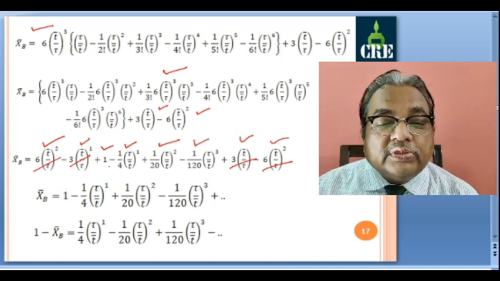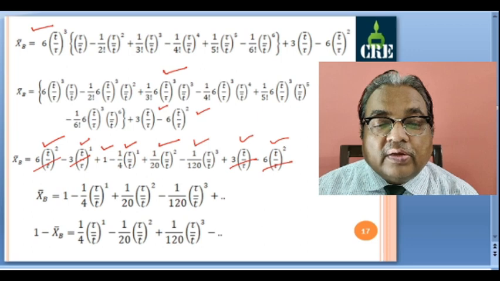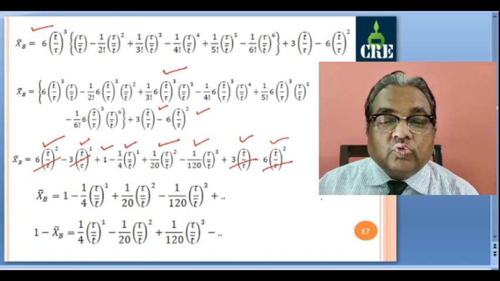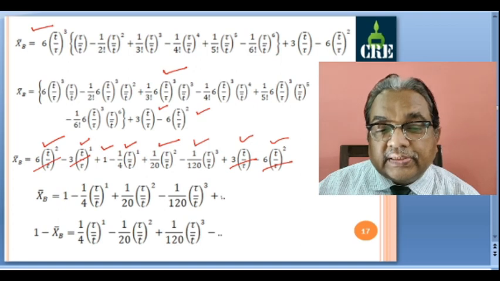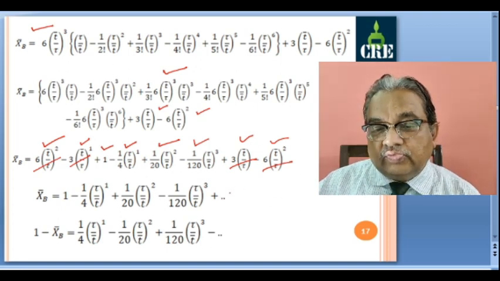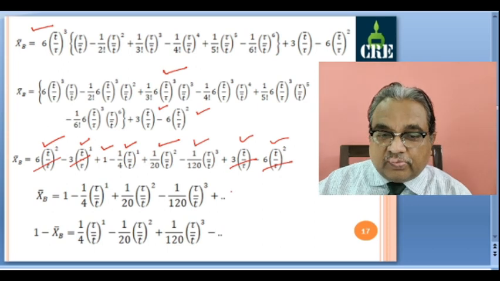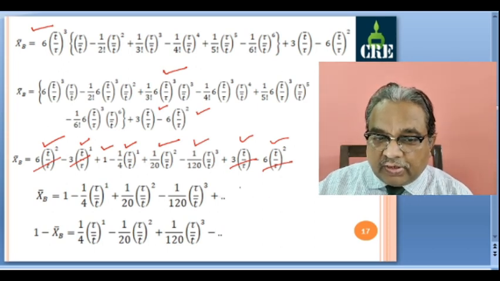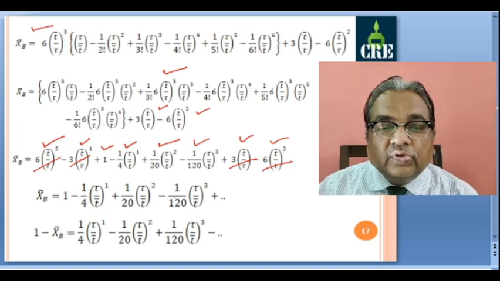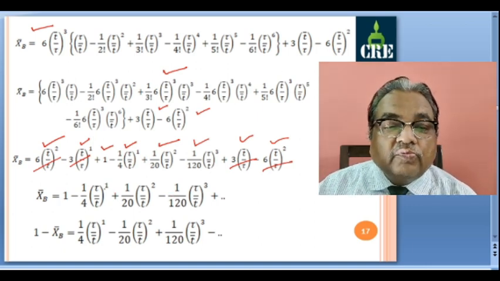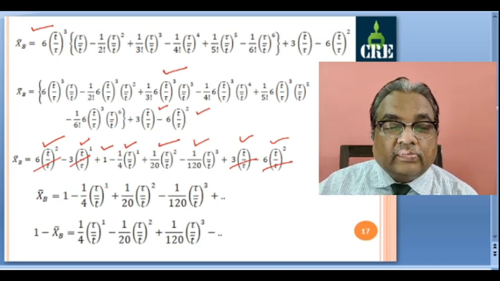So we are left with xb equal to 1 minus 1 by 4 tau by t bar plus 1 by 20 tau by t bar whole square minus 1 by 120 tau by t bar whole cube and so on. You can write higher orders, but the first three terms are sufficient, as higher order terms will be smaller and smaller, whether plus sign or minus sign. So they become negligible compared to the sum of these first three terms. Three terms will be sufficient here.